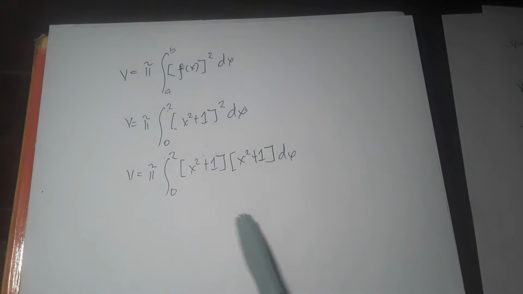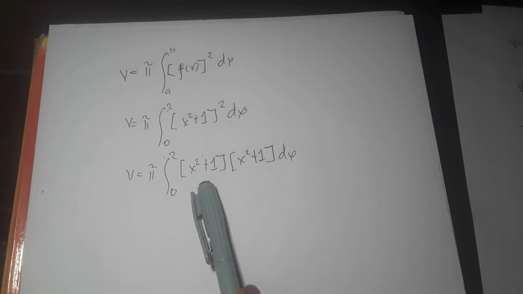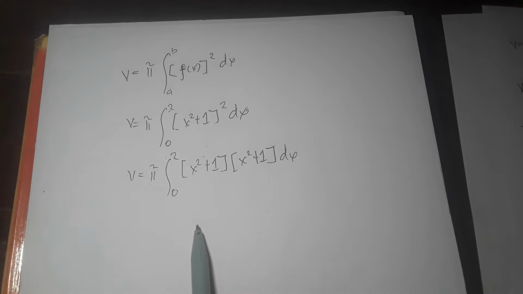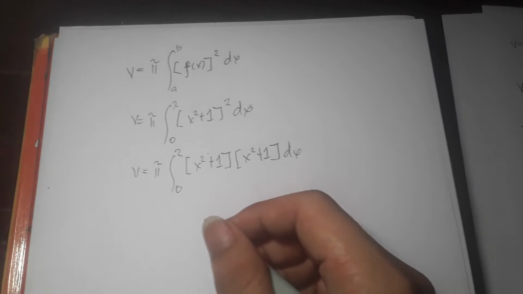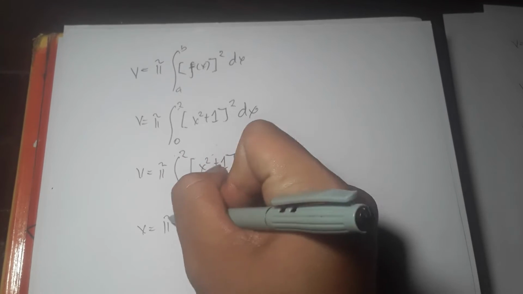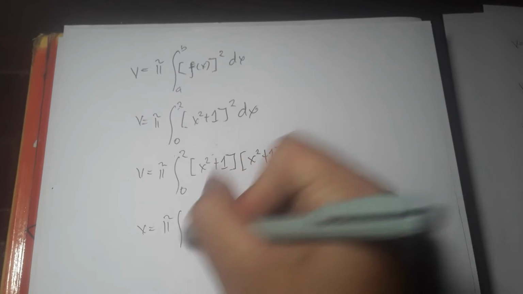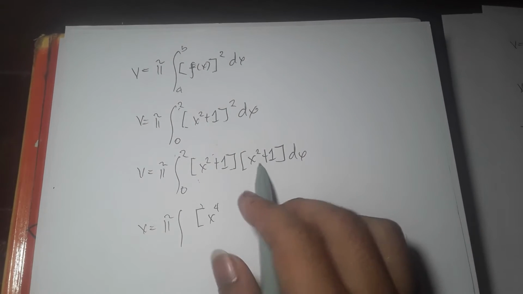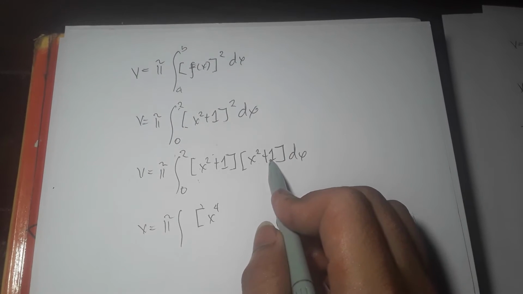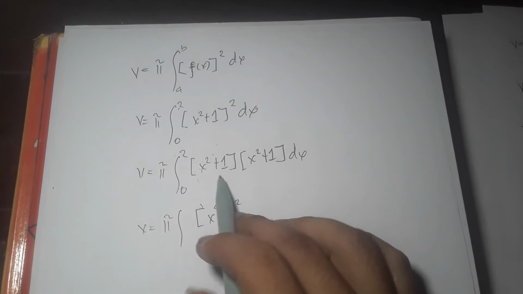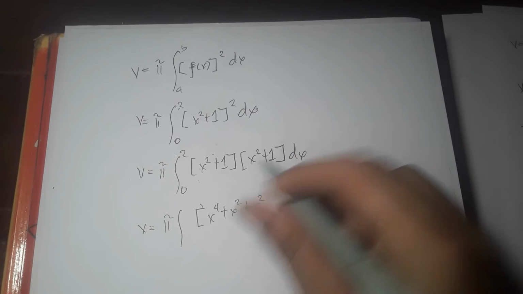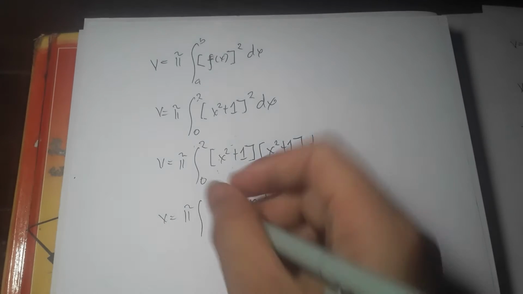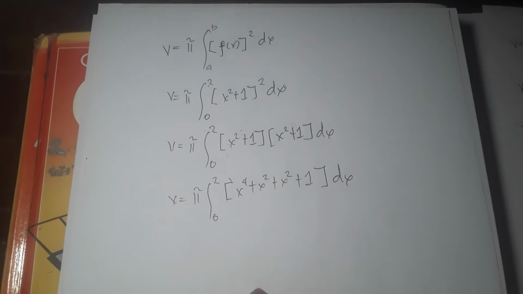So for now, we multiply x squared plus 1 by x squared plus 1. This results in V equals pi times x to the fourth, because x squared times x squared is x to the fourth. x squared times 1 is plus x squared, and 1 times x squared is plus x squared. 1 times 1 is plus 1, with dx, from 0 to 2.